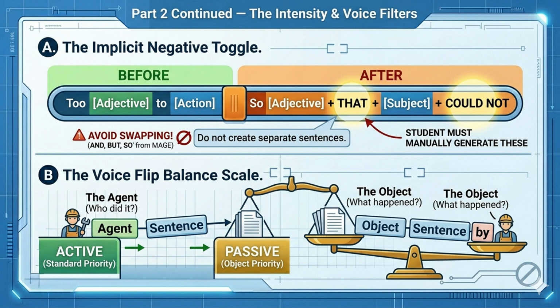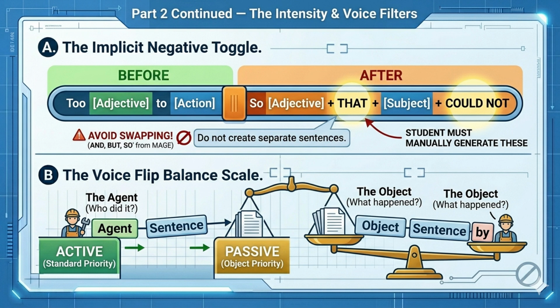Standard sentence: The grammar question was too complex for the class to solve in a minute. Transformed sentence: The grammar question was so complex that the class could not solve it in a minute. Notice how dropping "to" requires you to bring in "could not" to preserve the hidden negative meaning of the original structure.